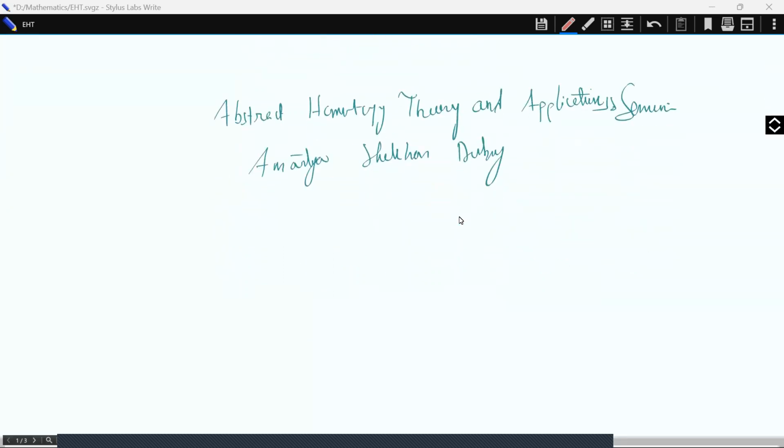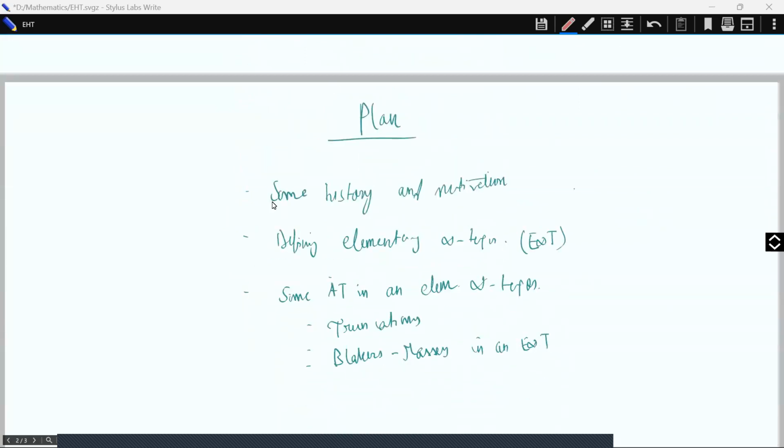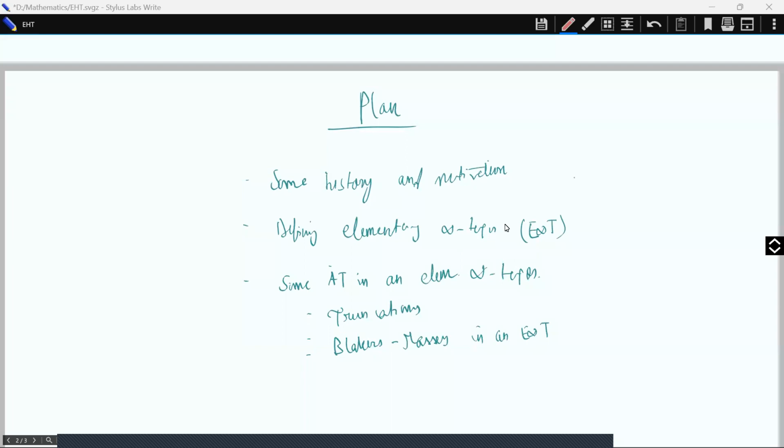Let's see the plan first. I'll talk a bit about a brief history and motivation, which I bet everyone knows, but I'll still go through a bit of it for completeness. Then I'll define what an elementary infinity topos is.